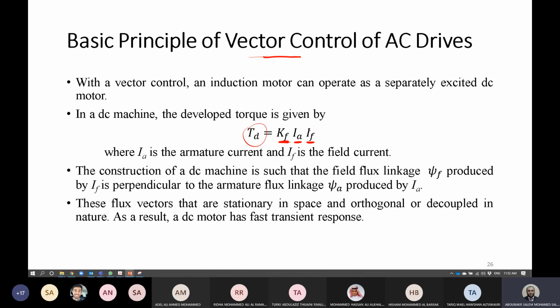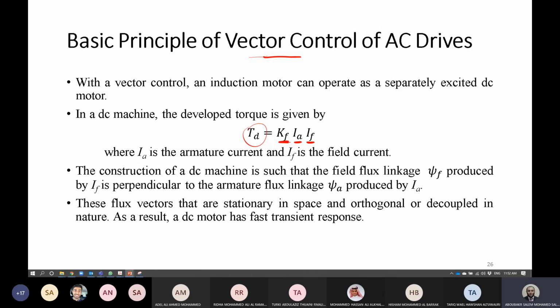Now, we can operate our induction motor like that, but this depends on making something like decoupling. How? By converting the AC into 2 perpendicular components, just by converting ABC to DQ.